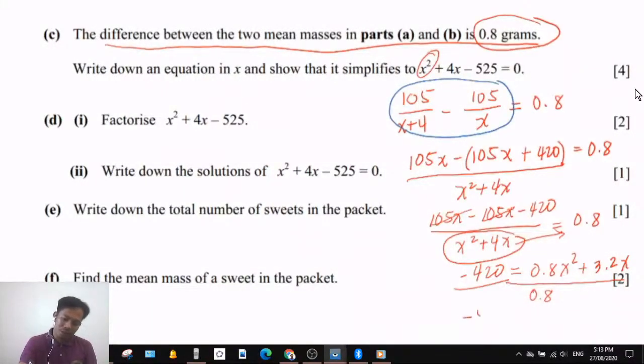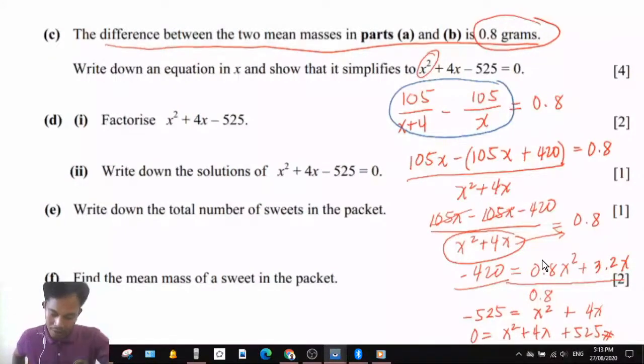This becomes negative 525 equals x squared plus 3.2 divided by 0.8, which is 4x. So you will now come up with 0 equals x squared plus 4x plus 525. Okay, wait. There's something wrong that I did.